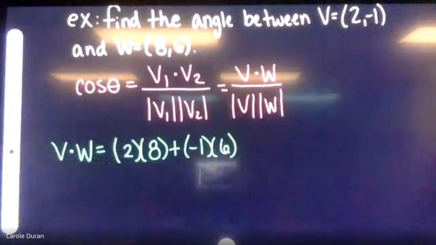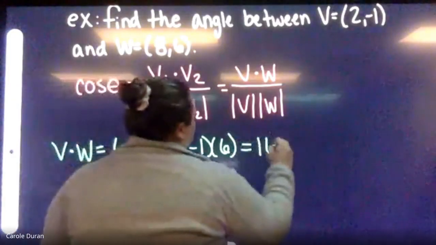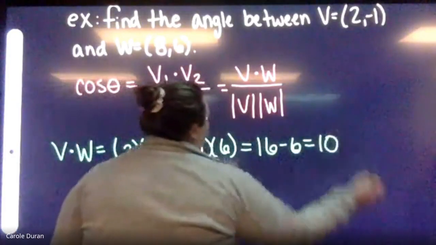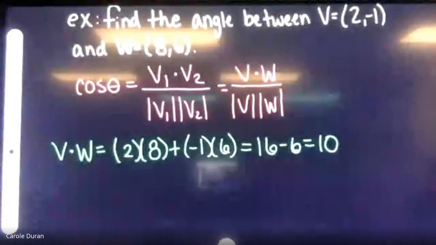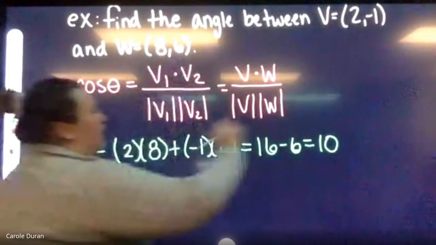X1 and X2 multiplied together plus Y1 and Y2 multiplied together. So here that'd be 2 and 8, and then -1 and 6. This gives me 16 and -6, which gives me 10. So my dot product for these two is 10. So that's what's going to go on top.